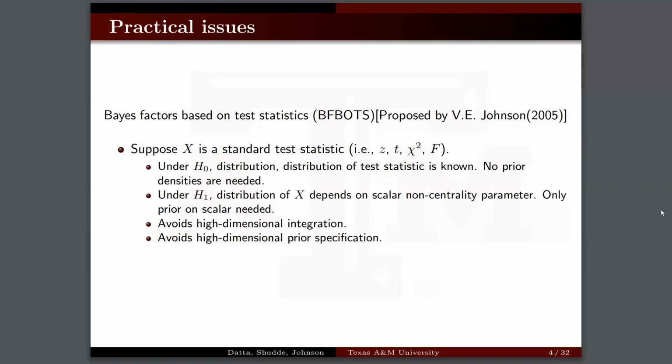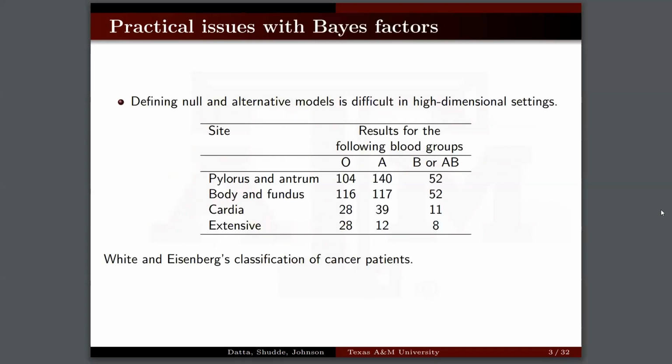I don't understand the data. I just don't get what you're asking. It's just a contingency table, and you're looking for association between site, that's part of the body, and blood group. It's just an example that I constructed.